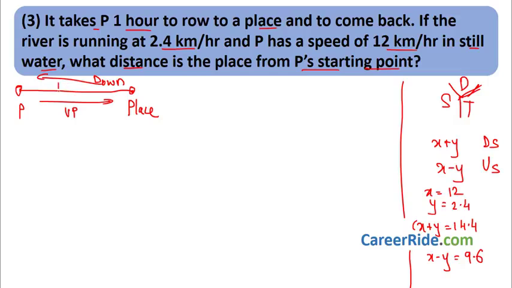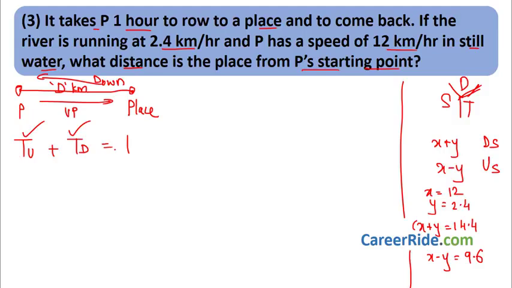So let us assume the distance be d kilometers. P goes to the place and comes back in 1 hour. That means to go upstream, let the time taken be TU, plus to come back downstream, let the time taken be TD, is equal to 1. That means in 1 hour P goes upstream in some time plus comes back downstream in some time.